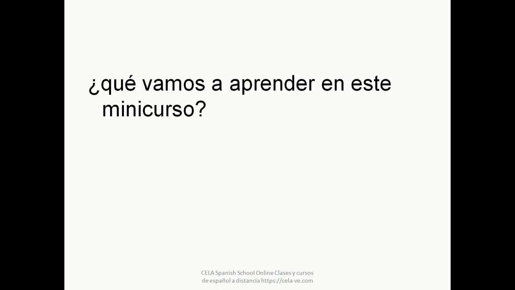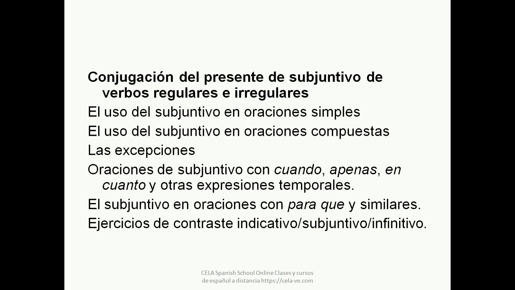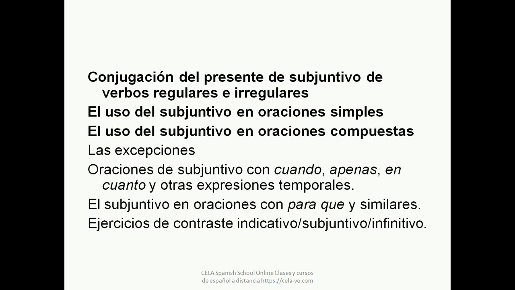In this mini course on the present subjunctive, we will learn about the conjugation of regular and irregular verbs in the present subjunctive, the use of subjunctive in simple sentences with a single subject and a verb that begin with ojalá, quizás, tal vez, probablemente, and posiblemente, the use of the subjunctive in compound sentences.